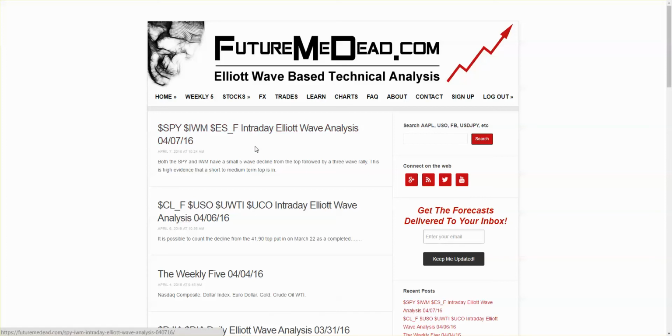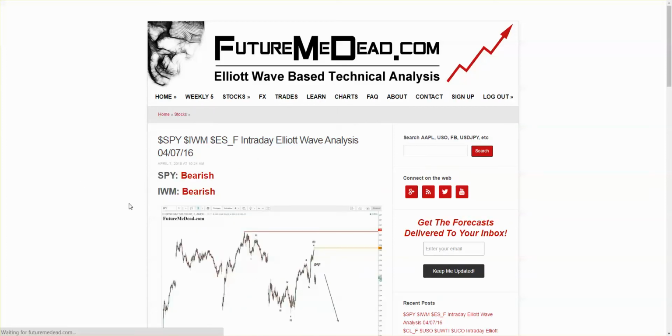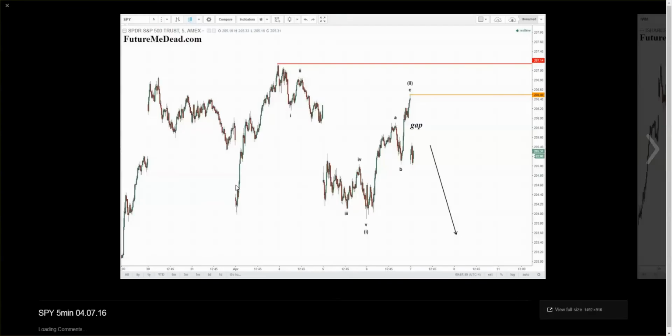So let's take a look at yesterday's price chart for the SPY. You can see here we had identified an impulse wave to the downside, 1, 2, 3, 4, and 5, that we had labeled as a first wave of a larger impulse wave.